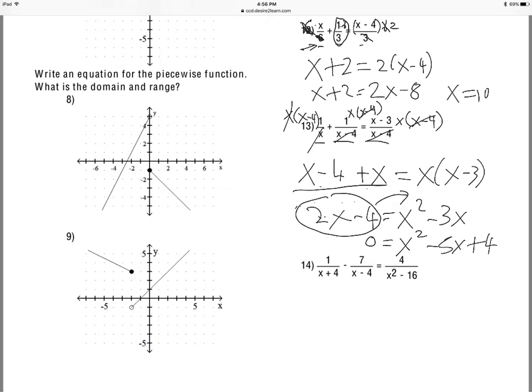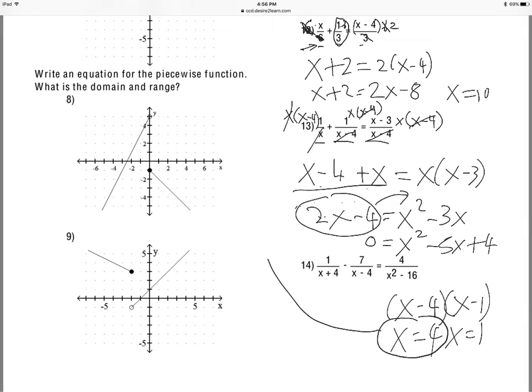That's nice because that will factor into x minus 4, x minus 1, so x equals 4 and x equals 1. Now, here's the thing. Look at this. See that x equals 4? It won't go back into either of these two denominators because you'll end up with a 0. So the only answer is x equals 1. So be careful of those.